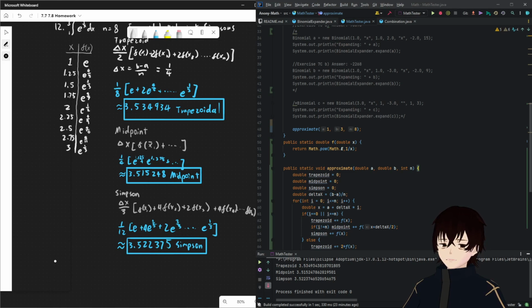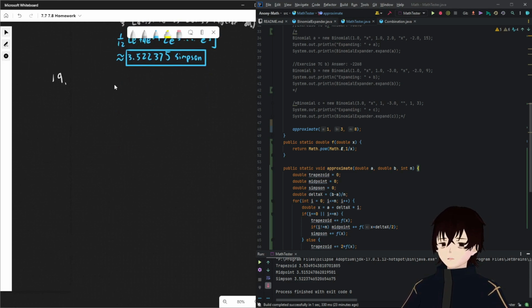And next up we got 19. 19 wants to know the integral from 0 to 1 of cosine of x squared dx using trapezoid and midpoint.